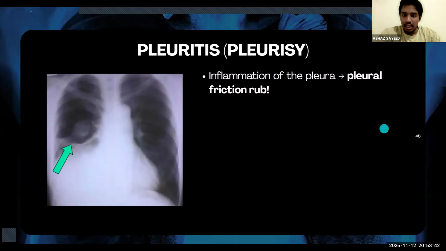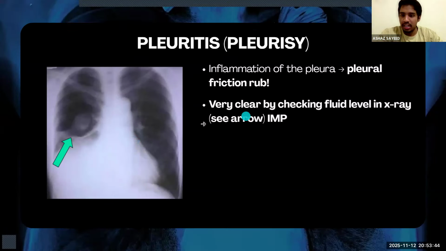Another thing is you check fluid level on X-ray. If there's pleuritis, there's going to be excess serous fluid accumulating, and you can see it on X-ray. The difference between this and pneumonia is pneumonia can be happening even here or here. This will always be down, and there's going to be a fluid level.